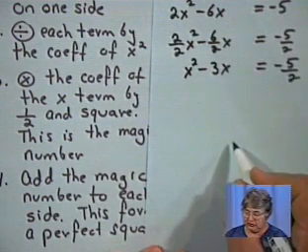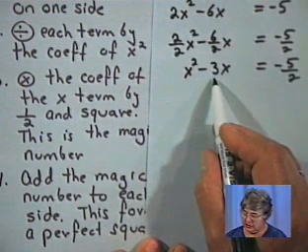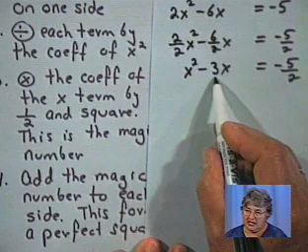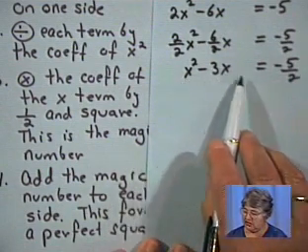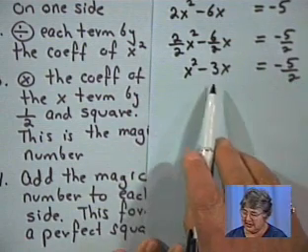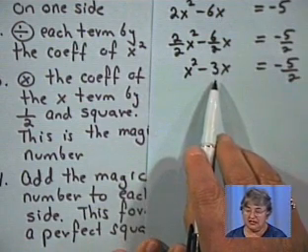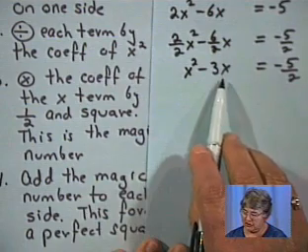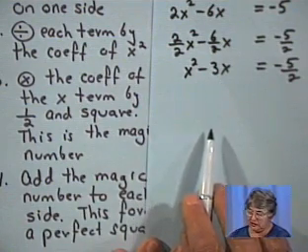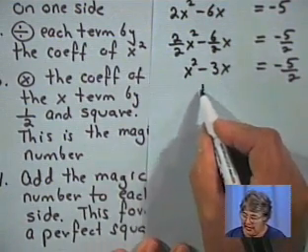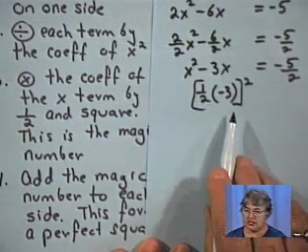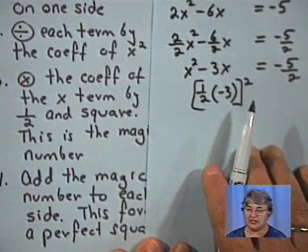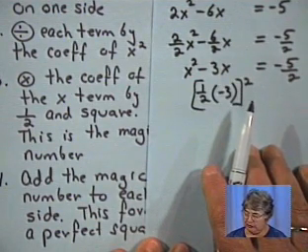The next step we're going to do is to multiply the coefficient of the x term. If you're working with equations, for example, in t, then it would be the coefficient of the t term. It's the coefficient of the linear term, the one that's raised to the first power. So we're going to take 1/2 times that coefficient and square it. That's the magic number, so that when I add that magic number to each side, I end up with a perfect square.